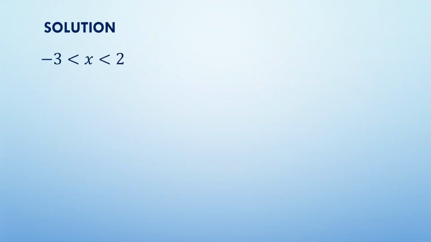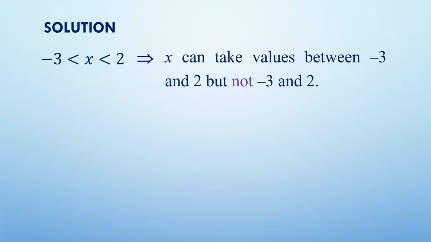So x lies between -3 and 2. What does it mean? It means that x can take values between -3 and 2, but x cannot be equal to -3 and 2.